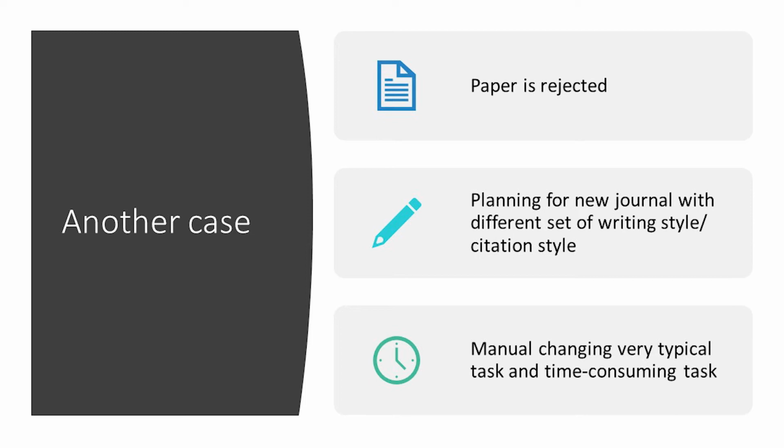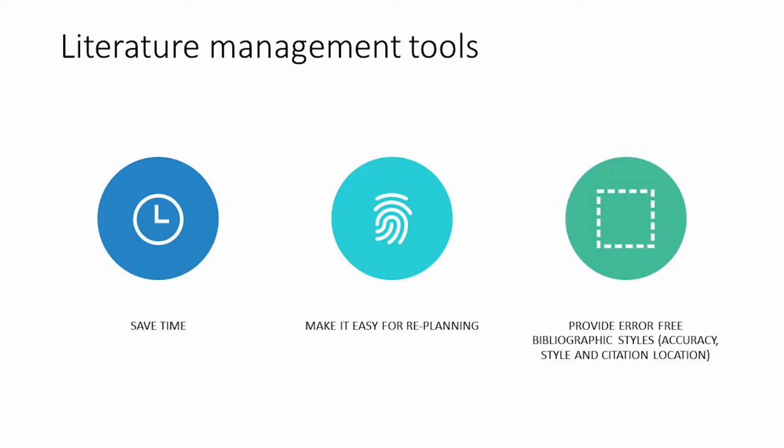If you are unaware of these tools, as in earlier days, you will have to do it manually, again doing things over. It becomes a very typical and time-consuming task. So literature management tools save our time. They make it easy for you to plan your manuscript for a new journal after rejection.